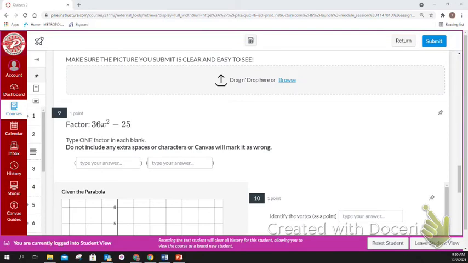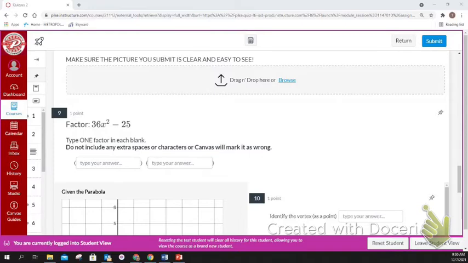Let's look at number 9. So I gave you a handout where it talked about the special case of factoring when it's the difference of two squares. It was way earlier in the semester. So what multiplies to be 36x squared? So what's the square root of 36? 6.